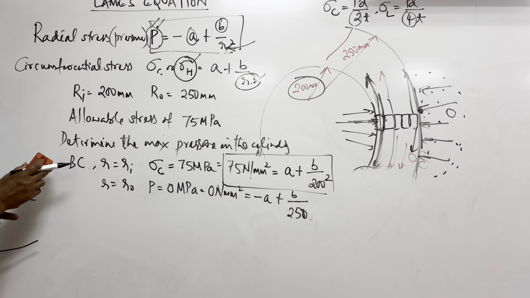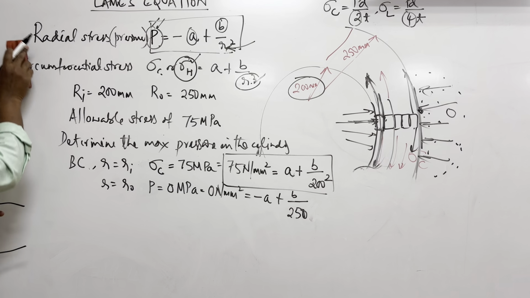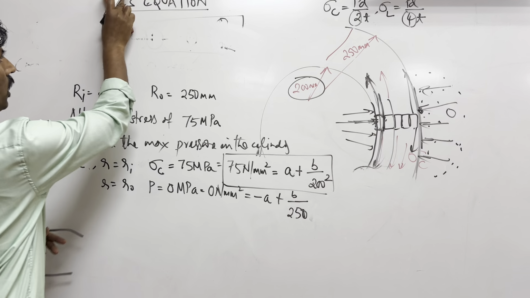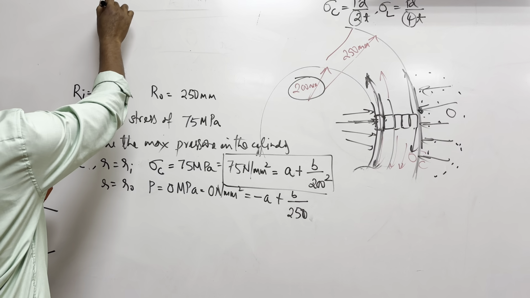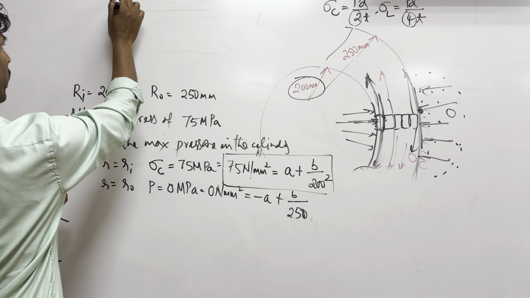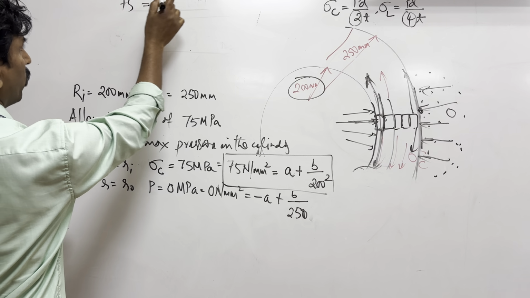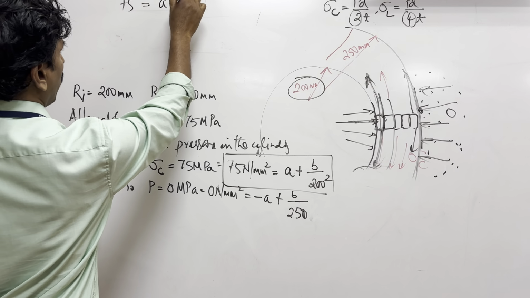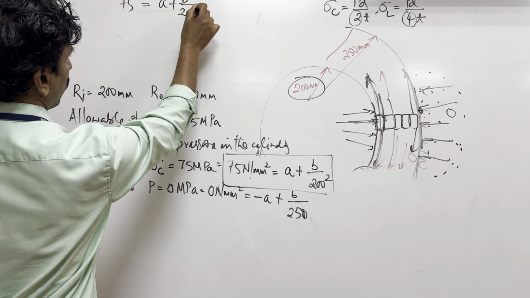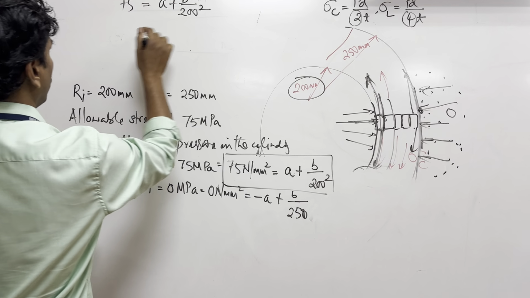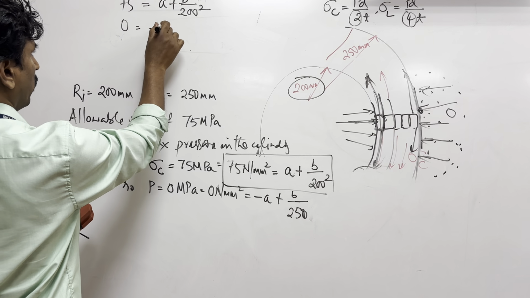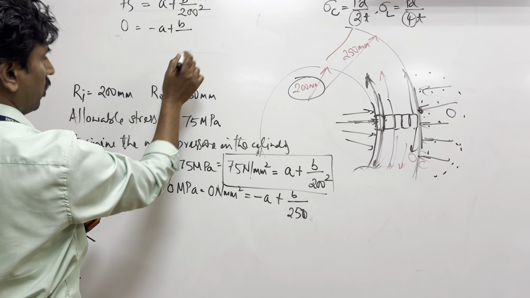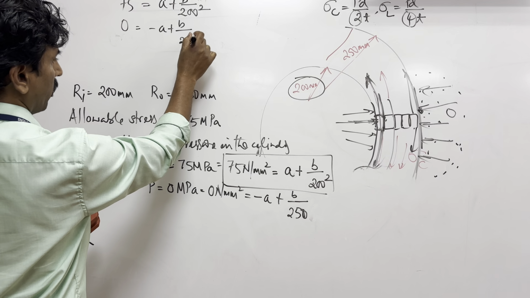Now I'll write this equation once more here. Shall I erase this? I'll write this equation here to solve. So sigma C, 75 equals A plus B divided by 200 square, and the one more equation is 0 equals minus A plus B divided by 250 square.